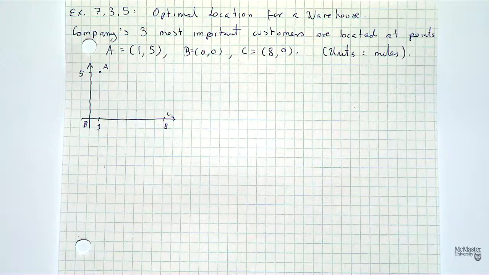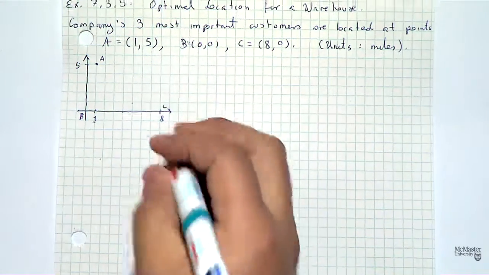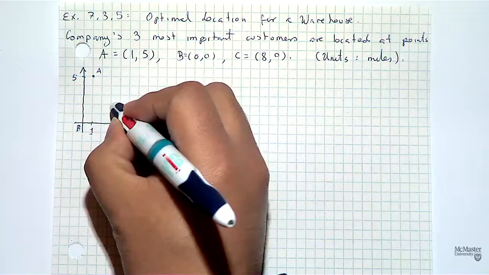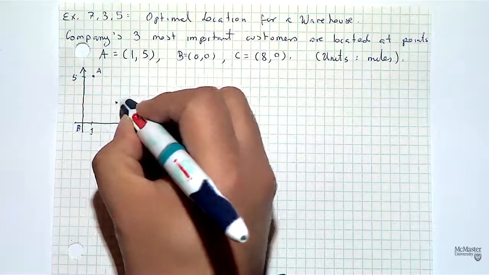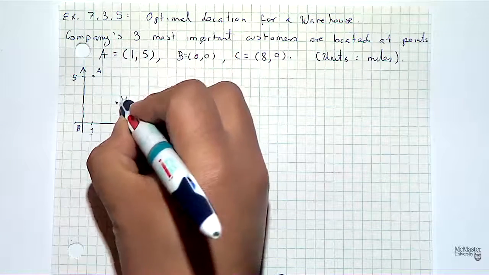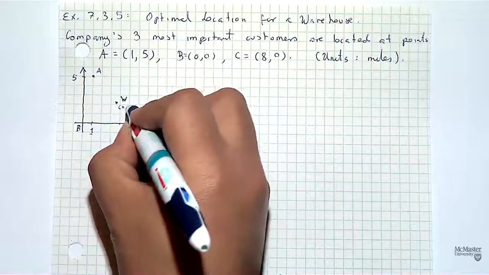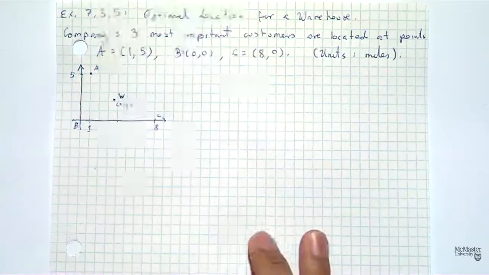You want to put a warehouse in a given location in the plane. Let's say we don't know yet where. So W stands for the warehouse, and this will be related to coordinates x and y.